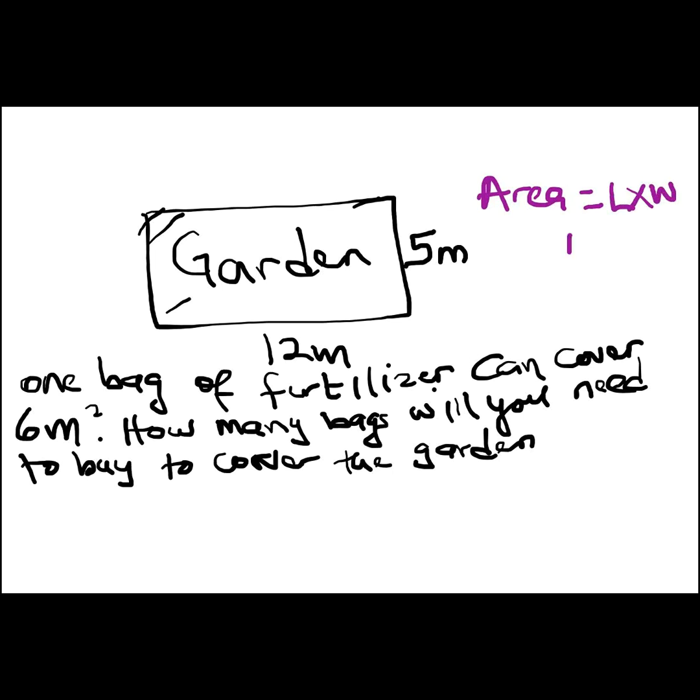So you multiply 12 times 5. That's going to be equal to 60 meters squared. Then the number of bags will be equal to 60 divided by 6. That's going to be equal to 10. 10 bags. So can you copy this one down?